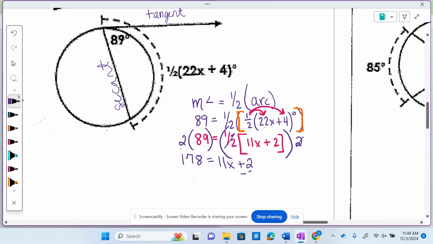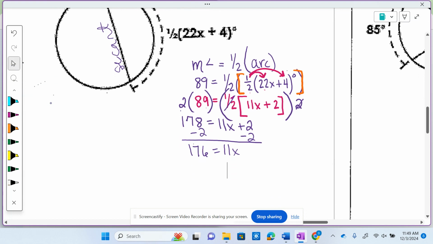Okay, so what do we do now? Subtract 2 from both sides. So 176 equals 11x, which means x equals what? Yeah, divide both sides by 11. 16 equals x.